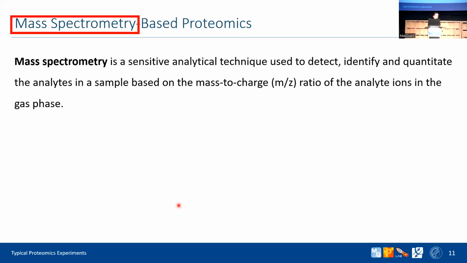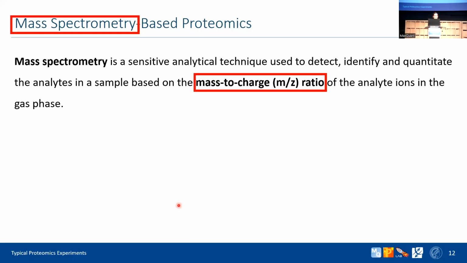So from this definition, I want you to remember three things that are very important. First, when we do mass spectrometry, we measure the mass to charge ratio. So we're unable to measure just the mass itself. That's quite important.